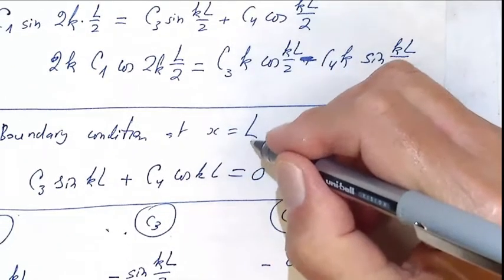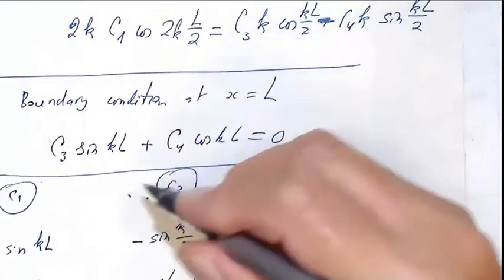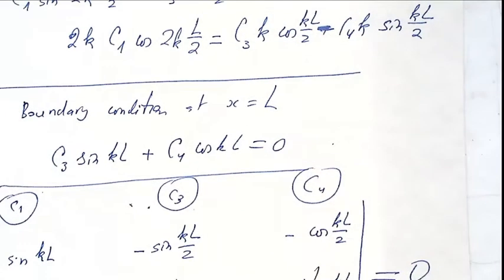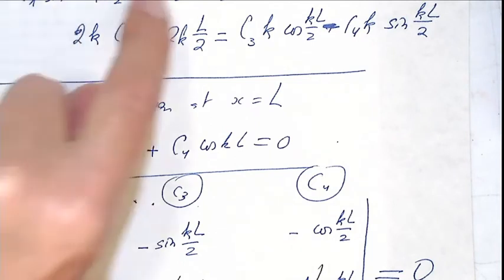At x equals 0, we should have boundary condition. That is, displacement is 0. C3 sine kL plus C4 cosine kL equals 0. So we have the following three constants, C1, C3, C4.